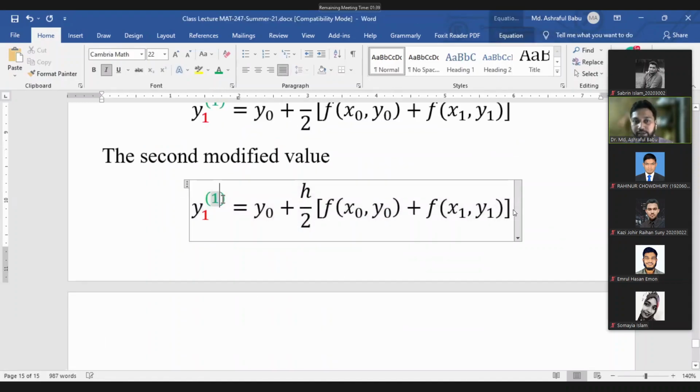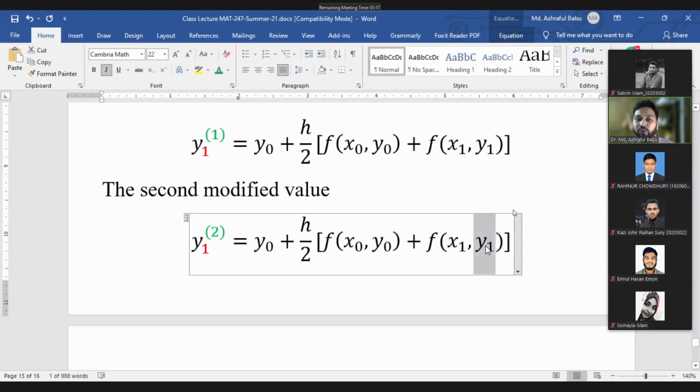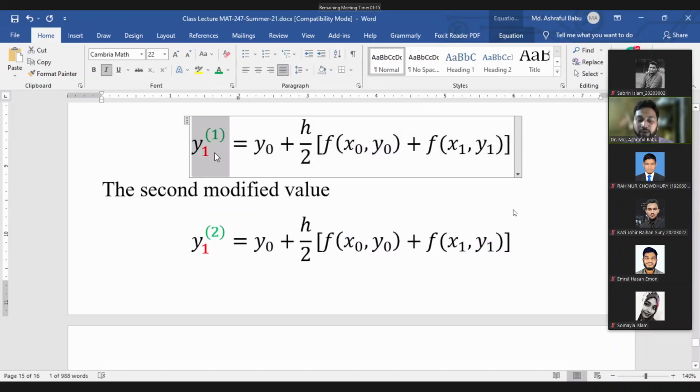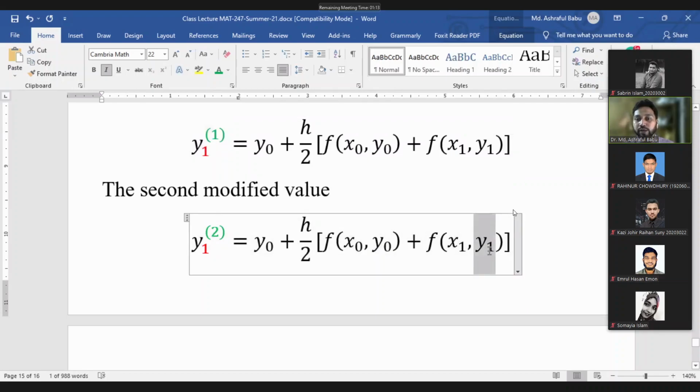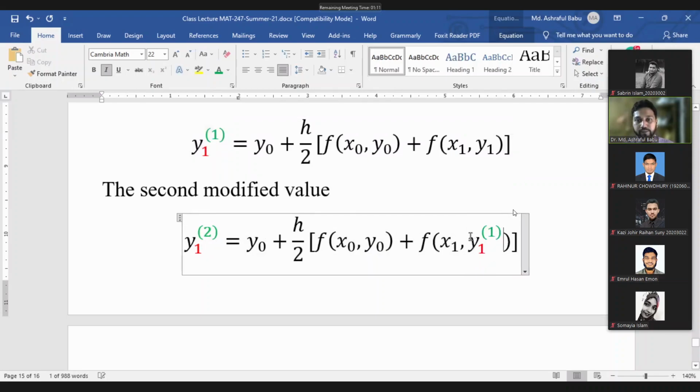Just write here the second modified value. y0 is always the same, h by 2 is always the same, f of x0, y0 is always the same, and f of x1 is also the same, but y1 we have to change. Only the value y1 we have to change. This y1 we have to replace by this value, y1 of 1.